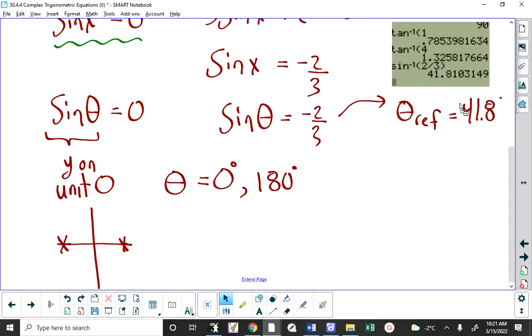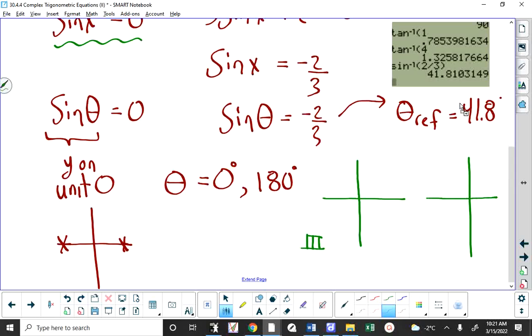I look at the fact that sine is negative, so I need to look in quadrant 3, where sine is negative, and quadrant 4, where sine is negative. 42 degrees here, and 42 degrees here, gives me this as a rotation, and this as a rotation. And finding those two angles is easy.